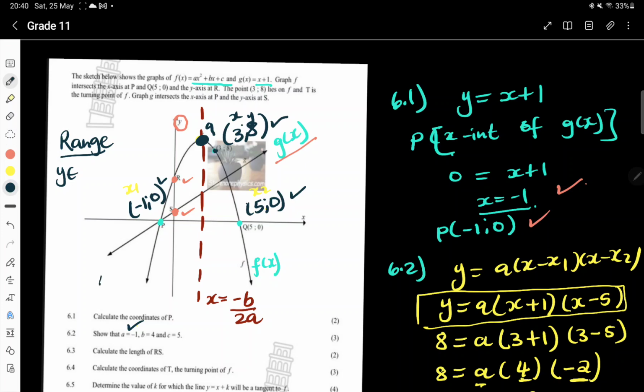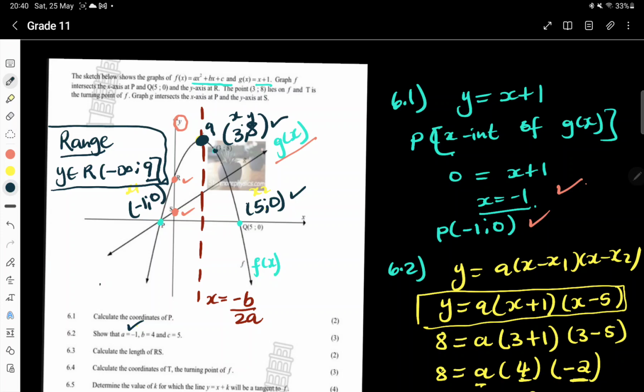Remember our graph starts from negative infinity all the way to the maximum value, to 9. So that's where our graph ends. So y is an element of the real numbers, from negative infinity up until 9 with a square bracket. It must be included. That's the range.